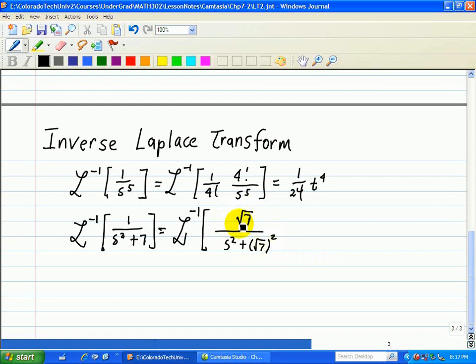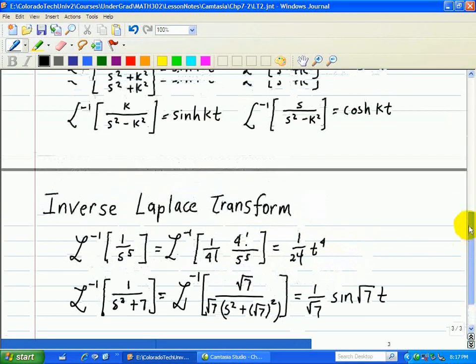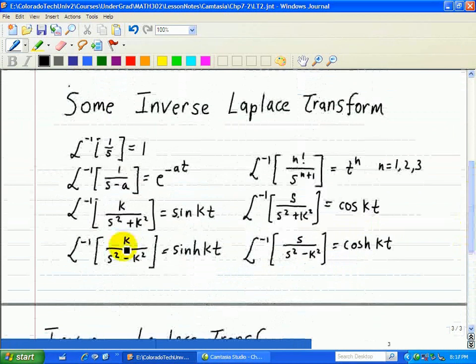However, since we multiplied the numerator so we can get it in our form of square root of 7, we need to divide by the square root of 7. Now that we have it in this form, it's just a scalar multiple of 1 over square root of 7 times the sine, and our k in this case is square root of 7 t. So that's how you modify this function to fit it to one of our inverse Laplace transform pairs in this table.